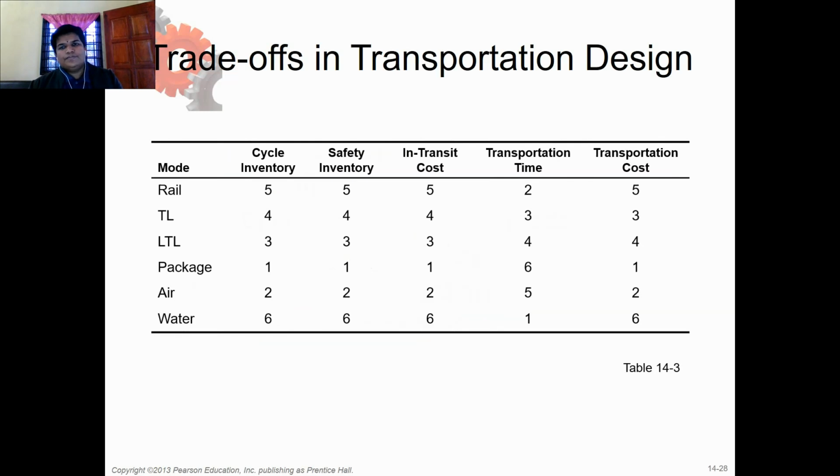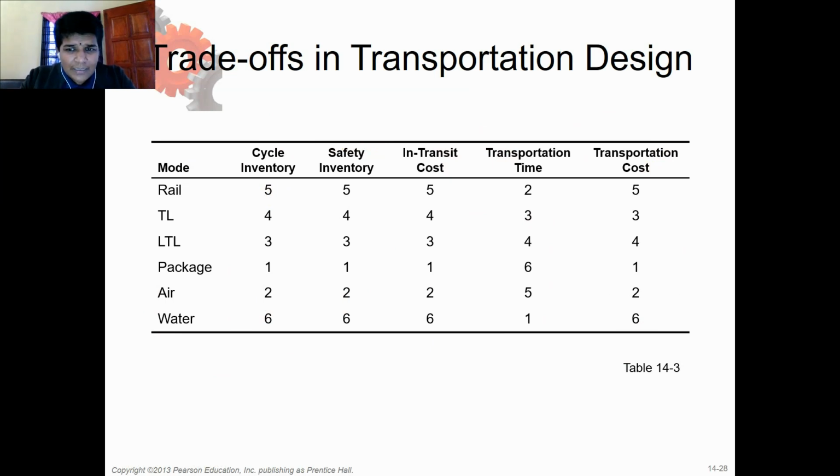well. Okay, so you see here the mode of transportation. Okay, here they have the cycle inventory, safety inventory, in transit cost, transportation time, transportation cost. Okay, so here you can see the difference between using the different modes of transportation.